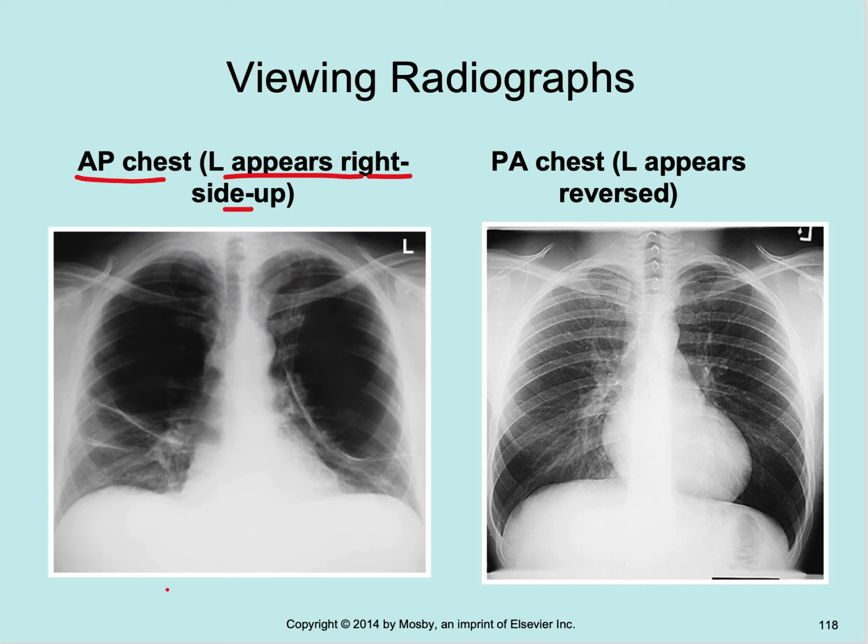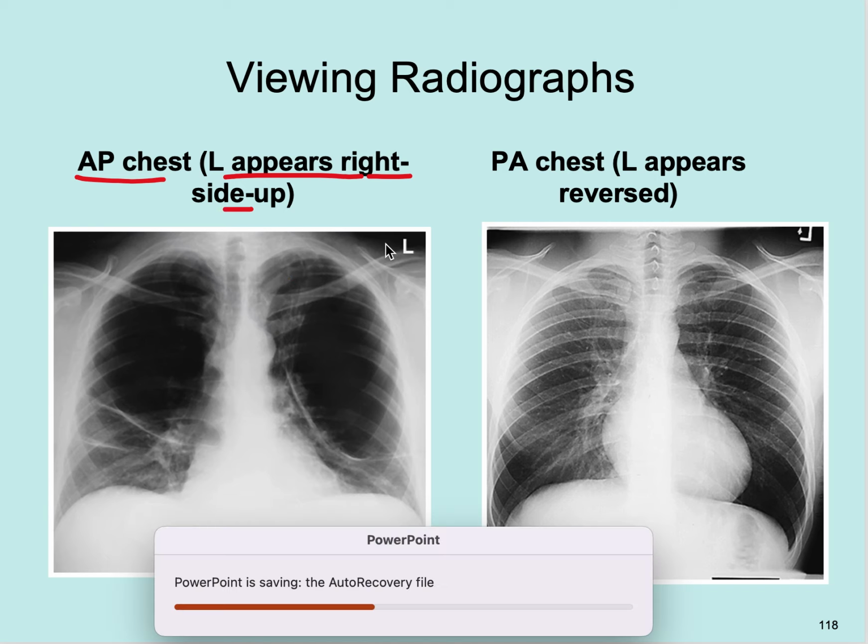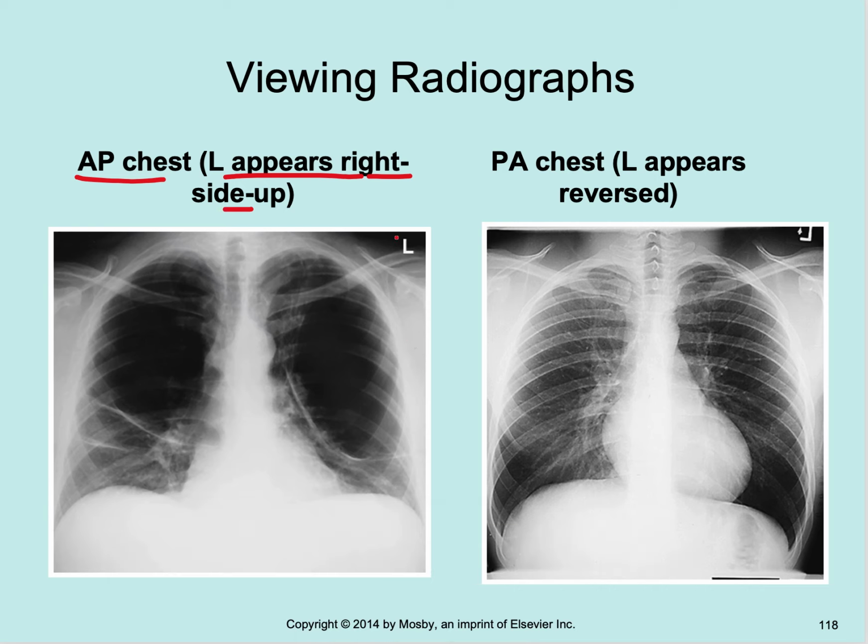So this is more of an inpatient. So your left side here, your right side is going to be over here. I'm looking at this in anatomic position where my left side is positioned on the right side of the patient. So this is anatomic position for an AP.